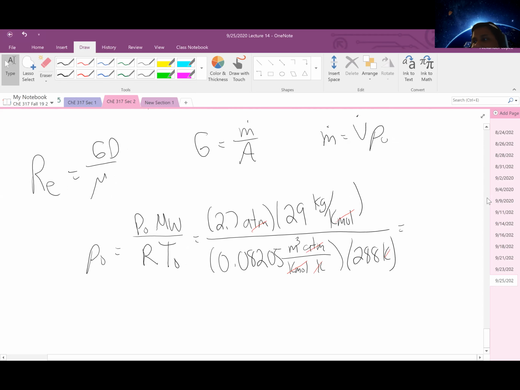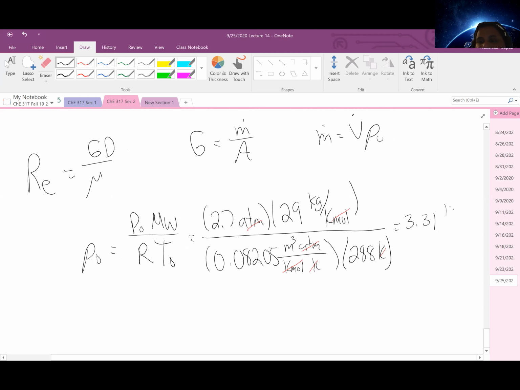We get approximately 3.31 kilograms per cubic meter for our density.